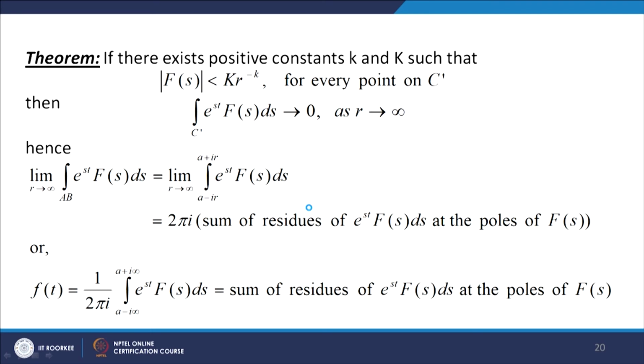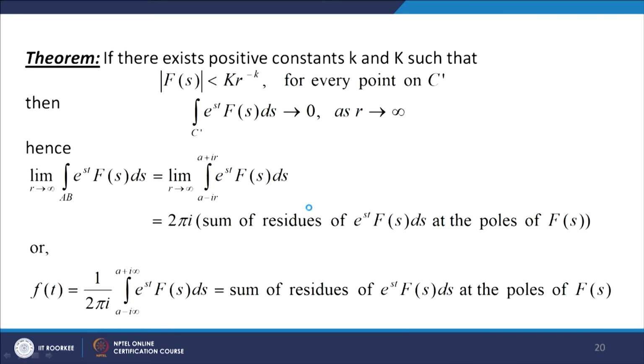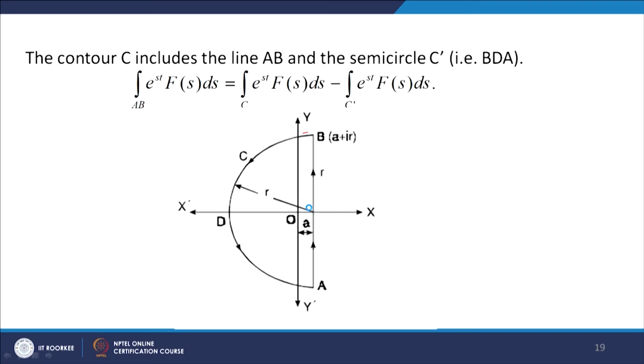So, what we have here, when we take the limit as R tends to infinity in this formula, we get the limit as R tends to infinity of the integral over AB of e to the power st F(s) ds, which is equal to the limit as R tends to infinity of the integral from a minus iR to a plus iR, because this is a minus iR, B is a plus iR.